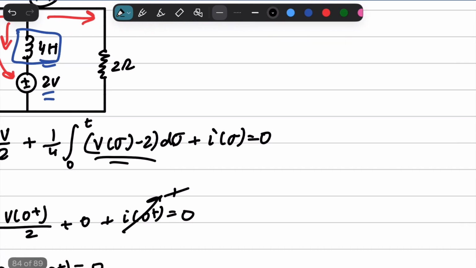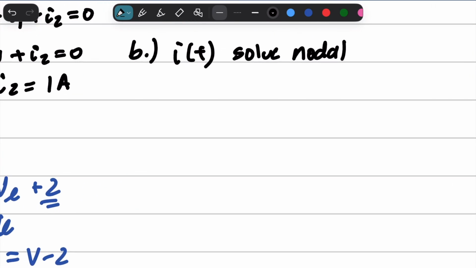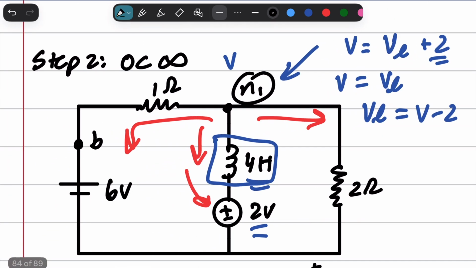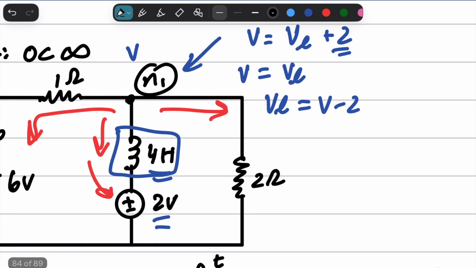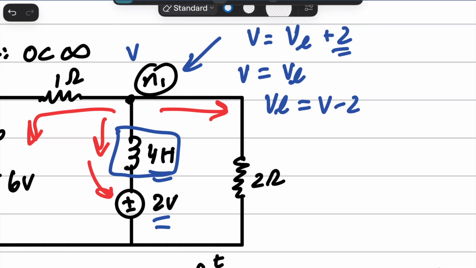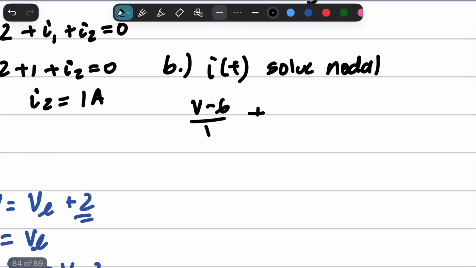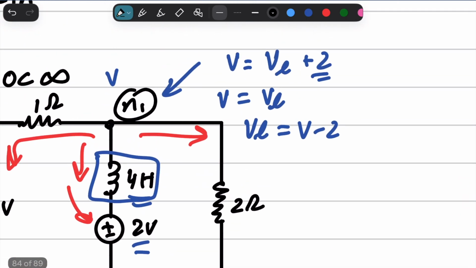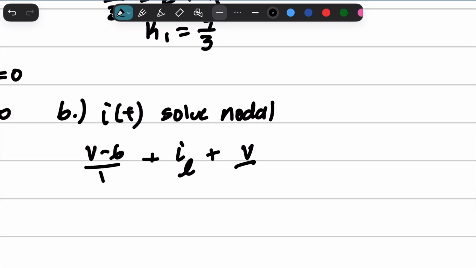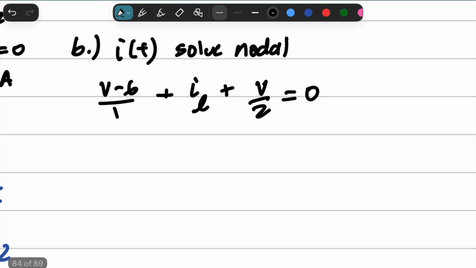Easy. So we're going to say we've got I1 right here, V minus 6 over 1, plus, let's call this the IL, okay? The I inductor. I inductor plus V minus 0 over 2 equals 0.